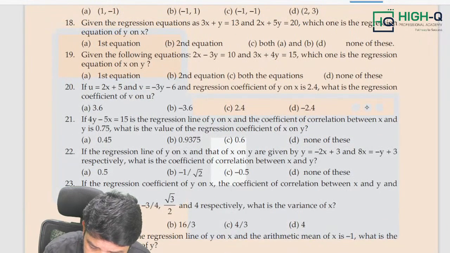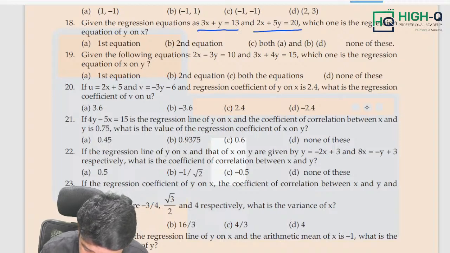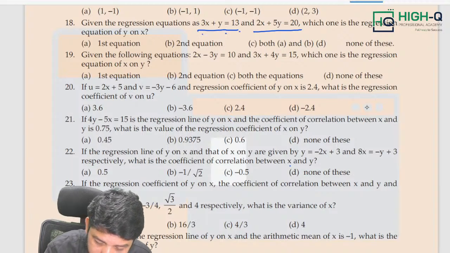For example, 3x plus y is equal to 13, and 2x plus 5y is equal to 20.